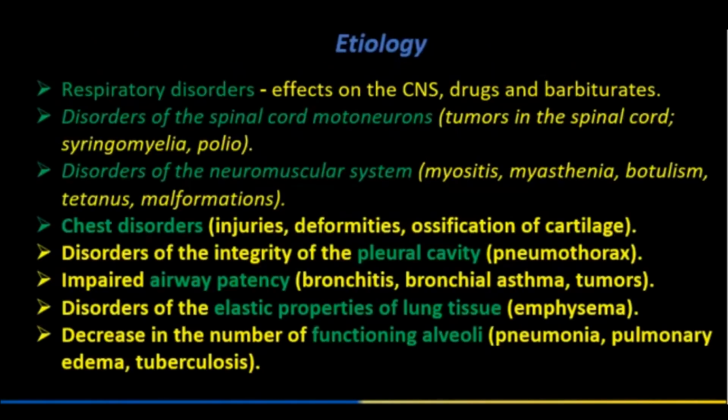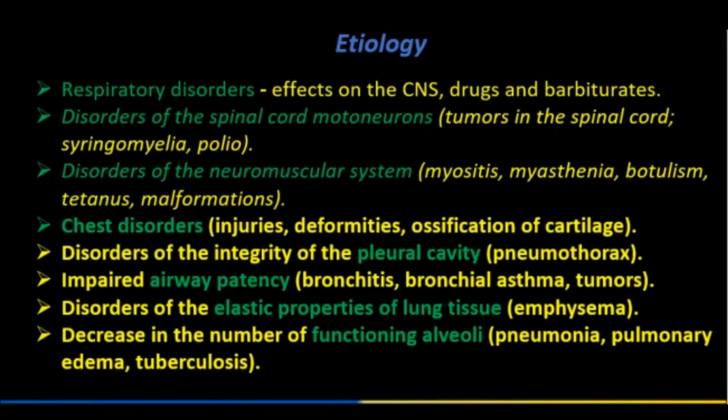Etiology: respiratory disorders due to effects on the central nervous system, drugs, and barbiturates. Disorders of the spinal cord, motor neurons, tumors in the spinal cord, syringomyelia, polio. Disorders of the neuromuscular system: myositis, myasthenia, botulism, tetanus, malformations.